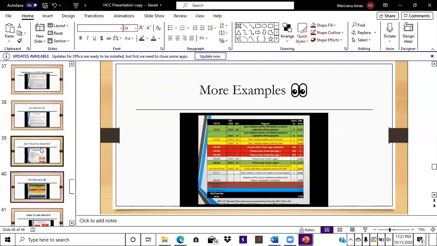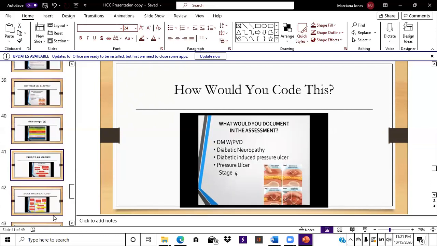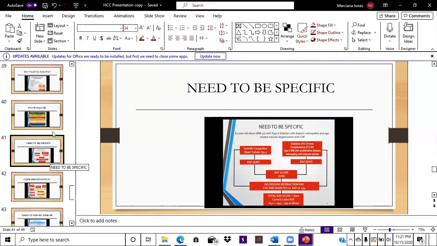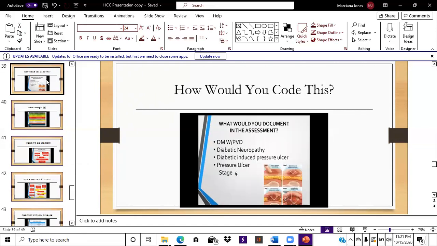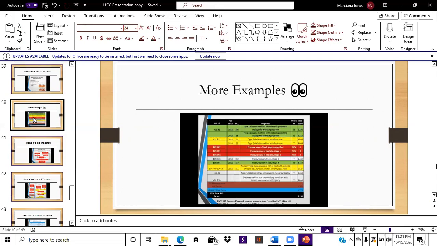Oh, I didn't add all of it. This is another thing I wanted to add as well. Oh, I lost my place. Here we go. Also, when you have pressure ulcers, or when you have ulcers and when you're coding diabetes with ulcers, make sure you get the stage of the ulcer. Make sure to grade and stage the pressure ulcer.